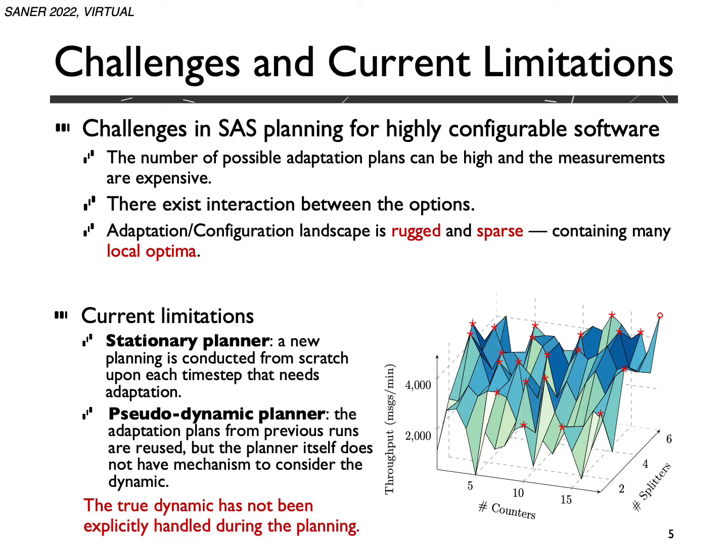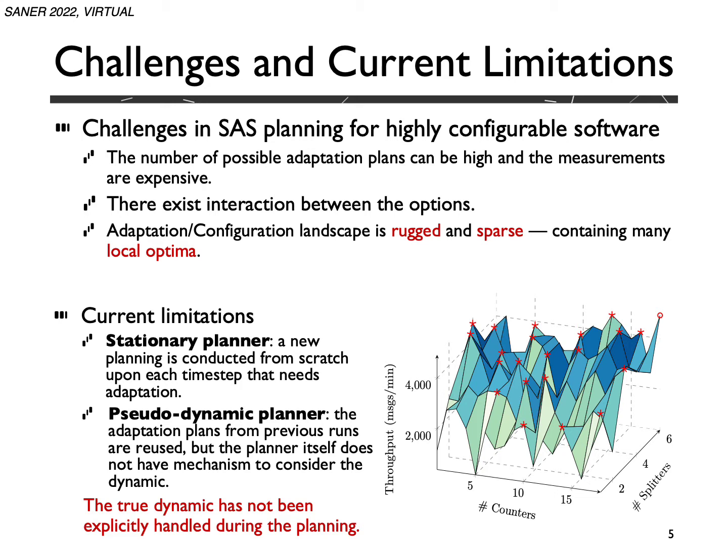But for the SAS planning problem, there are a few challenges. For example, as we have shown, the number of possible adaptation plans can be high and the measurements are expensive. There also could be interactions between different options. And as we can see here, the configuration landscape is rugged and sparse, and it may contain many local optima.